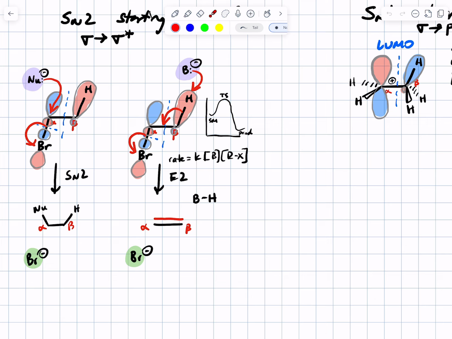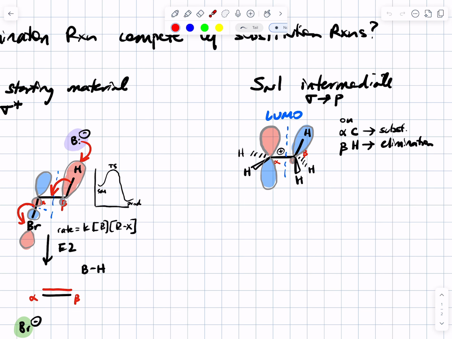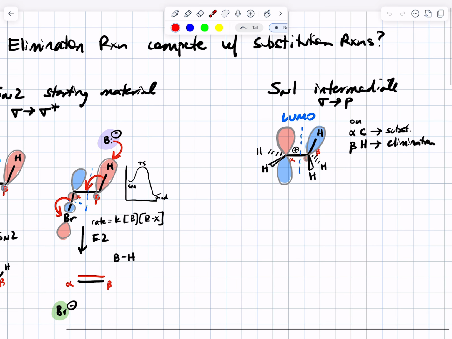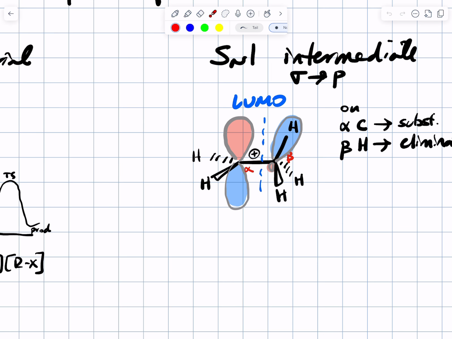Yes? In SN1, are there two leaving groups, the hydrogen and the bromine? So in the SN1 reaction, what I didn't show you is the step that happens before, where the leaving group leaves. A leaving group is something that takes its electrons with it when it leaves.